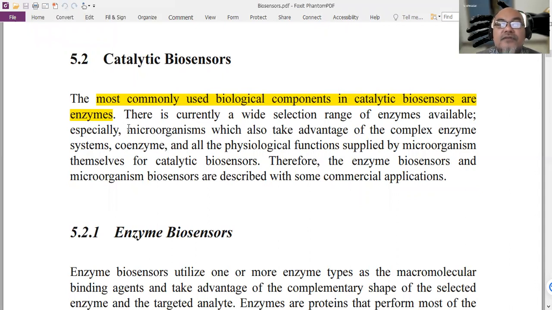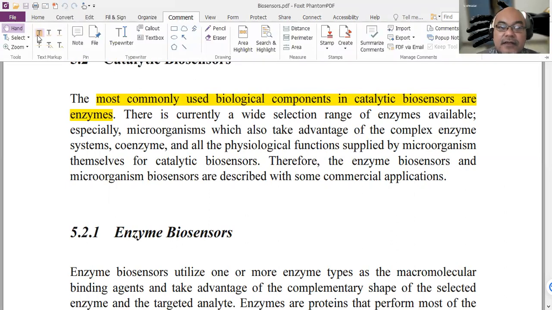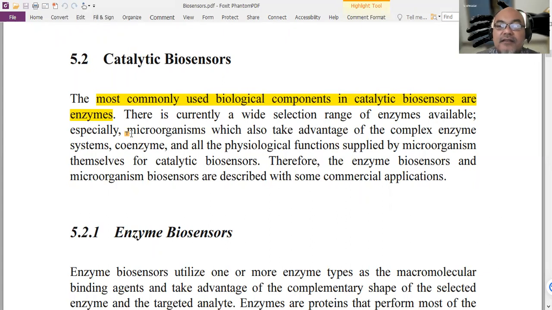But you can also use a microorganism instead, where, as I mentioned earlier, you need a detection that takes advantage of a complex enzyme system, as well as coenzymes, where multiple enzymes work together. So rather than purifying individual enzymes and then combining them yourself, why don't we use the whole microorganism that contains both enzymes, for example, or even multiple enzymes? That will be more practical than having to purify individual enzymes and then mix them.